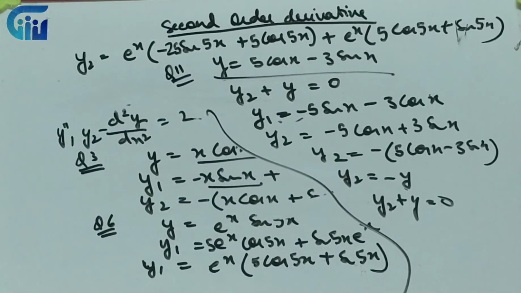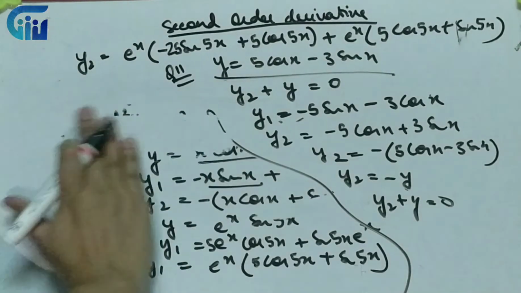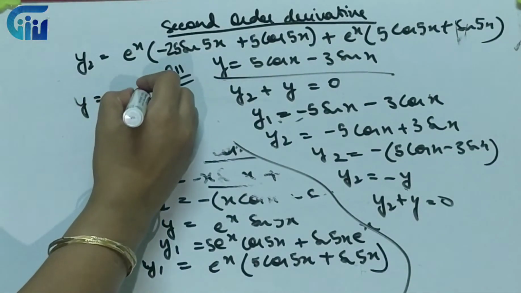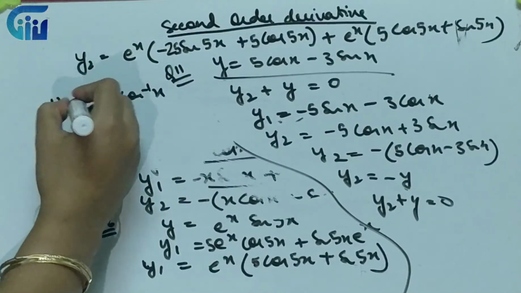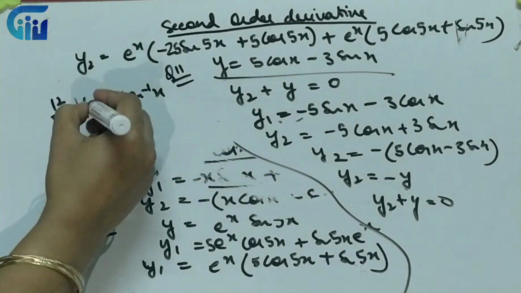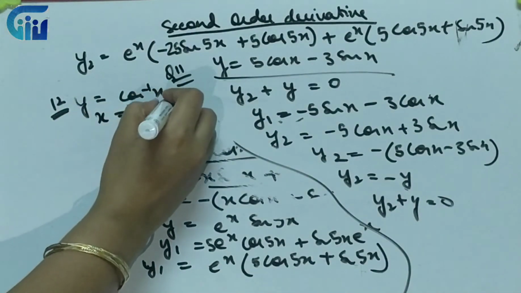Now the next question is question number 12. It says y is equal to cos inverse x. This is question number 12. We have to find d square y by dx square in terms of y alone. So to find it in terms of y alone, I'll just write it as x is equal to cos y.